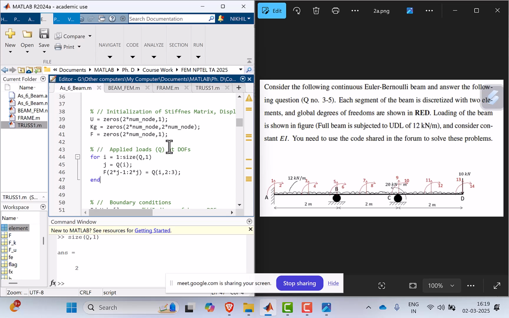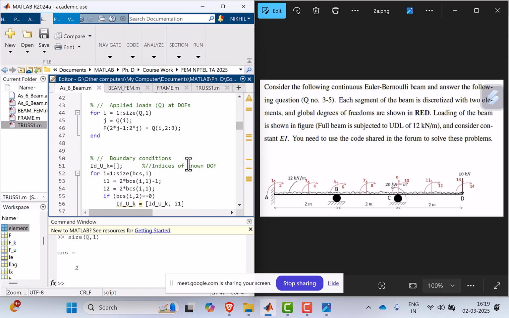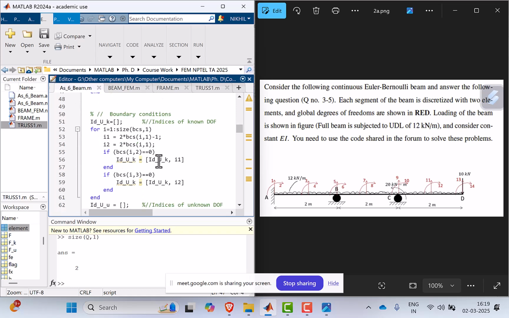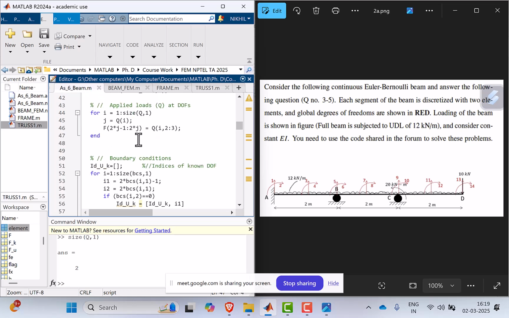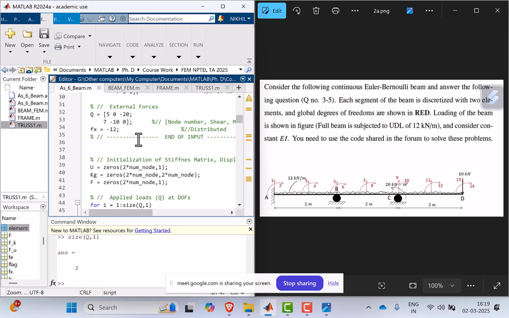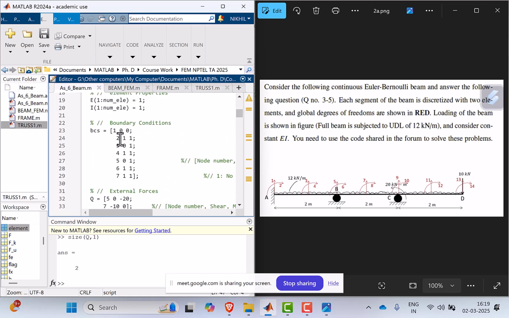Now next we have to see how to put in the boundary conditions. We know KUU, and we have distributed on the basis of known and unknown degrees of freedom. So let's see what the known degrees of freedom are. Similar to what we have done till now, we have given the boundary conditions on the basis of nodes.